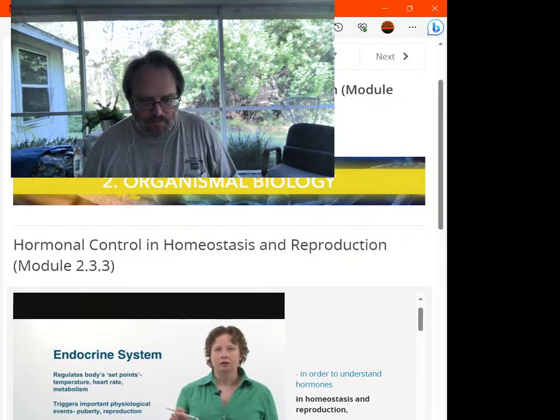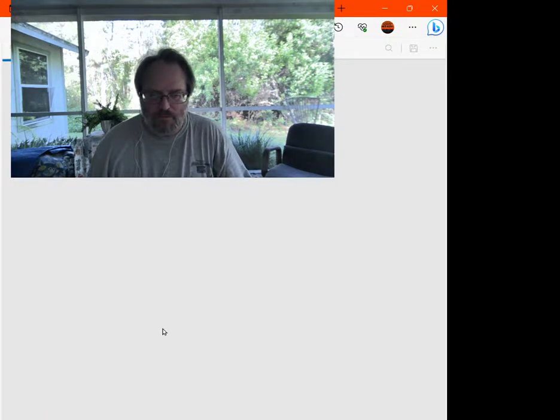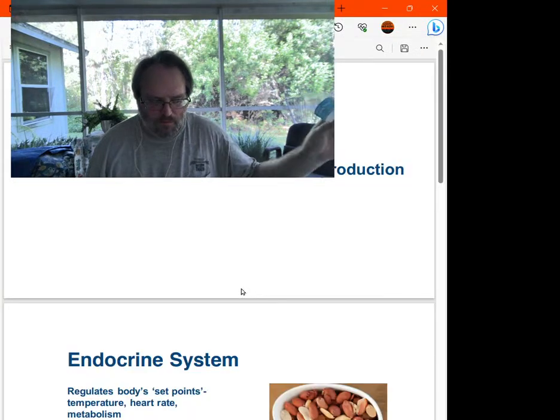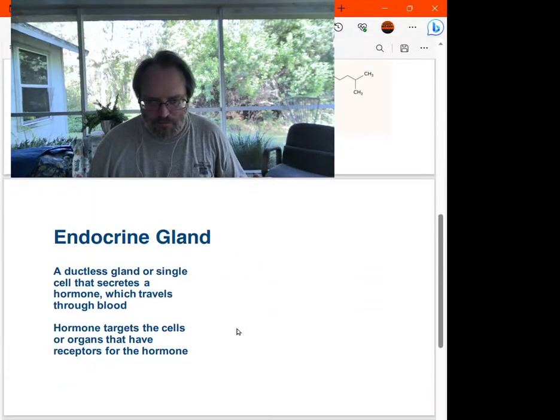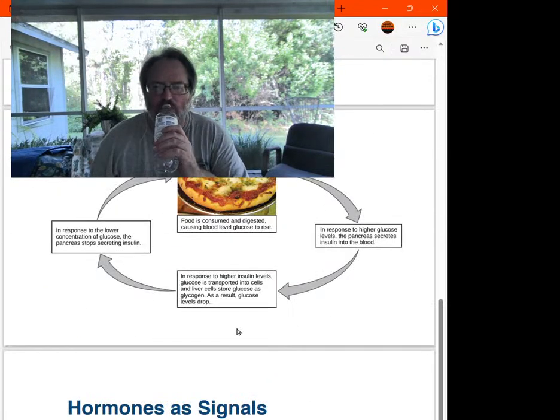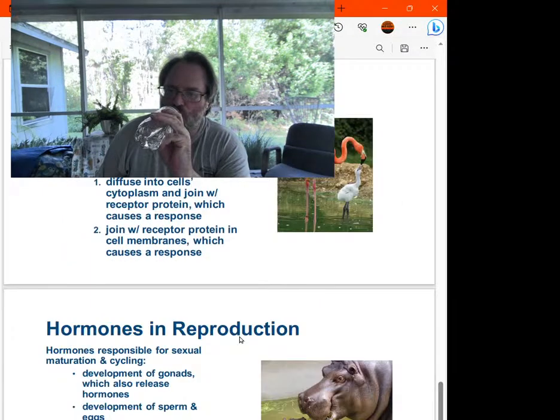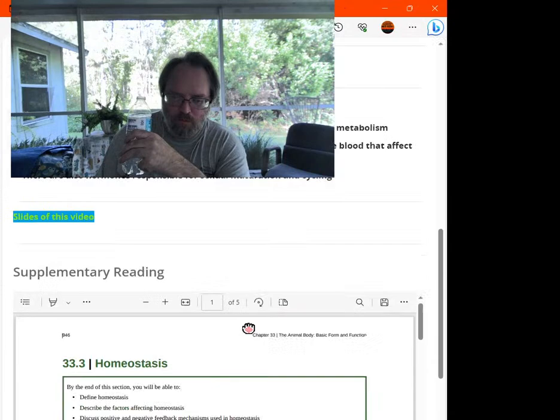In order to understand hormones in homeostasis and reproduction, we first need to understand the endocrine system. This regulates the body's set points, such as temperature, heart rate, and metabolism. The triggers are important physiological events, such as puberty and reproduction. And the endocrine system facilitates cell-to-cell communication for things such as glucose uptake and antihistamine release, such as the stuffy nose and runny eyes and itchy face you experience when you encounter things you're allergic to, like dust mites or pollen.